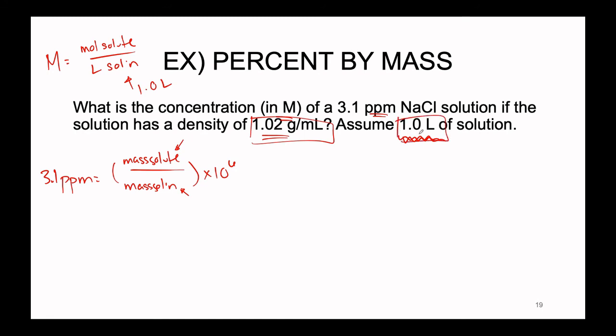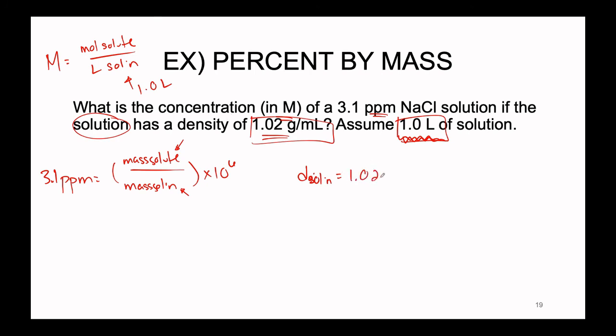Well, density coupled with volume will give us a mass. The question is, which of these two masses are we going to get? Well, again, just as we saw in our previous problem, the density that is presented is the density of the solution. It says so in the problem. Solution has a density of 1.02 grams per milliliter.